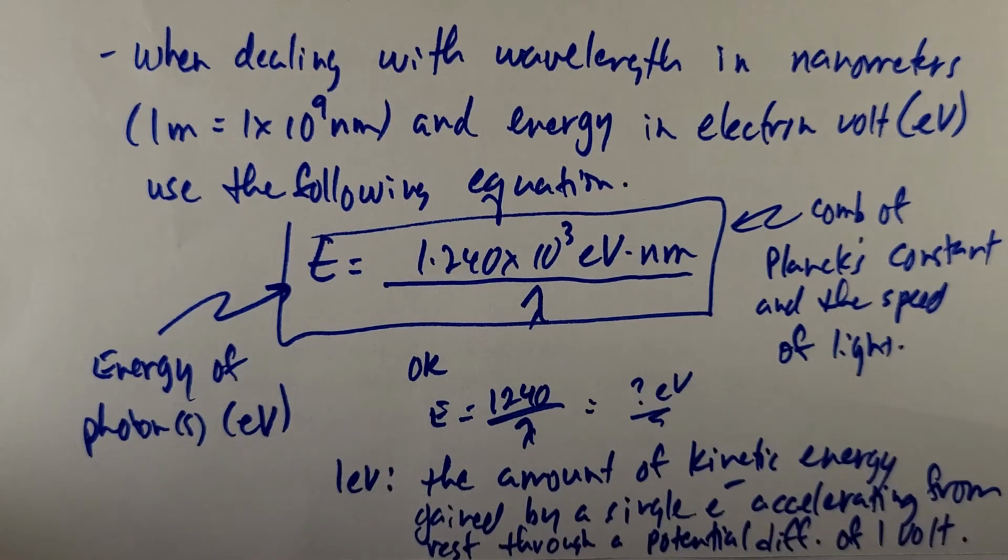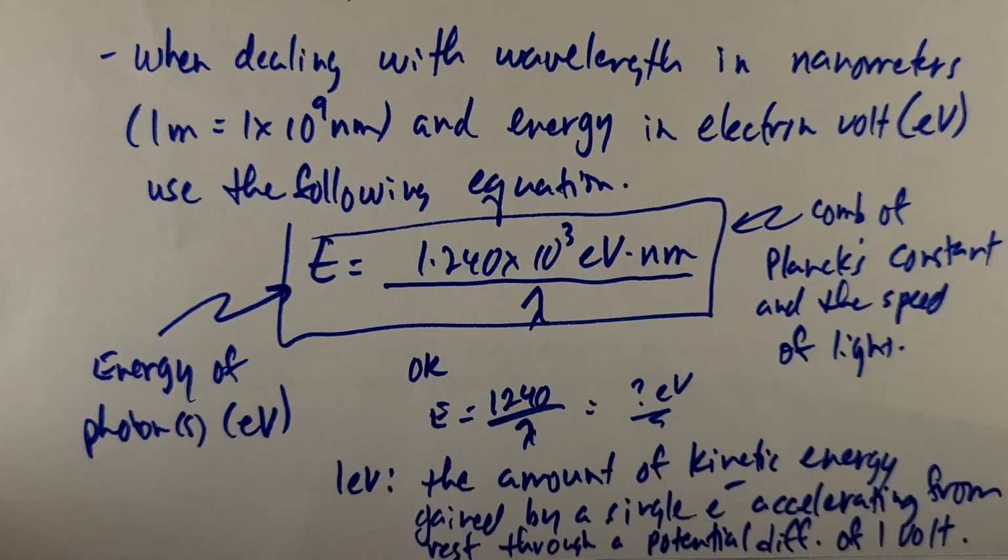So when you have an electron moving through a potential difference of 1 volt, that's the amount of energy that it has in terms of kinetic energy.